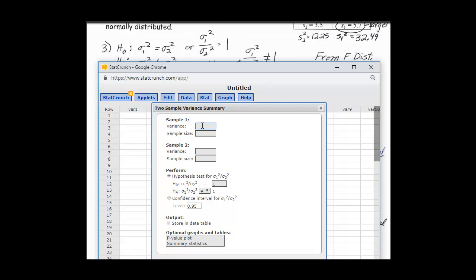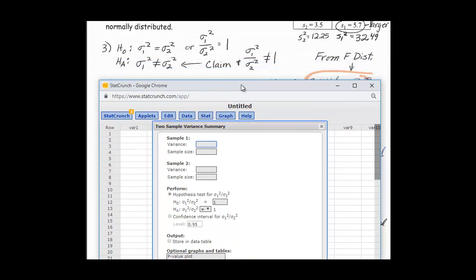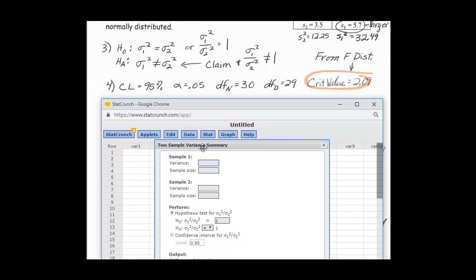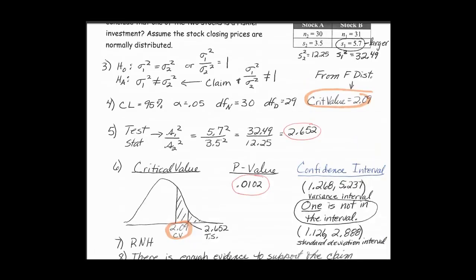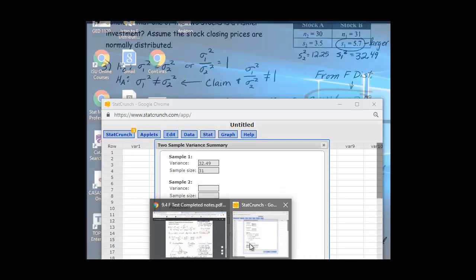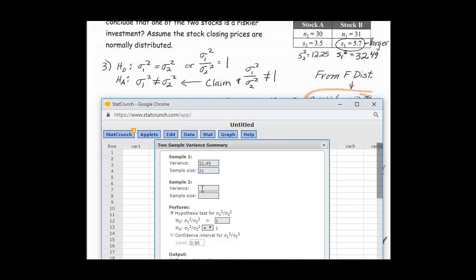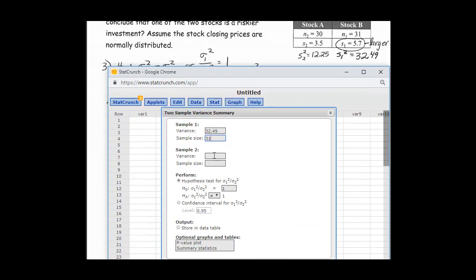So my variance for the first sample, the larger of the two, is 32.49, and its sample size was 31. Okay, the second variance was 12.25, and that sample size was 30.